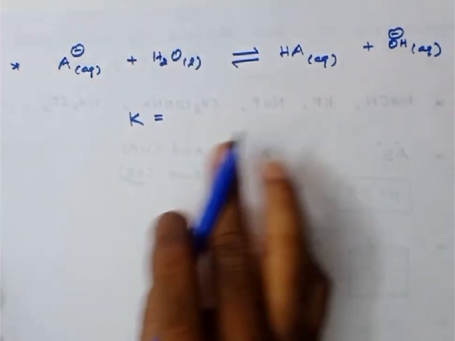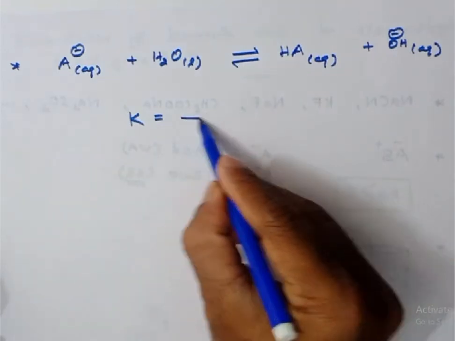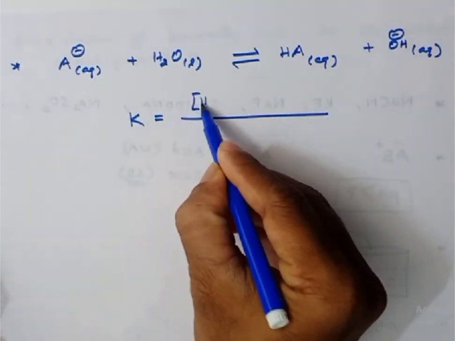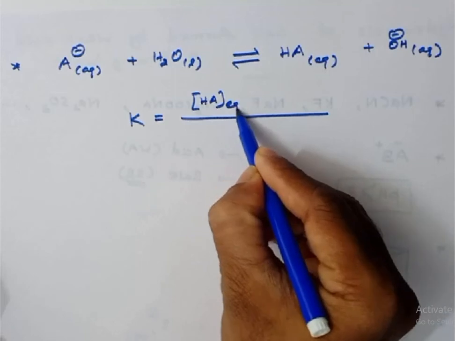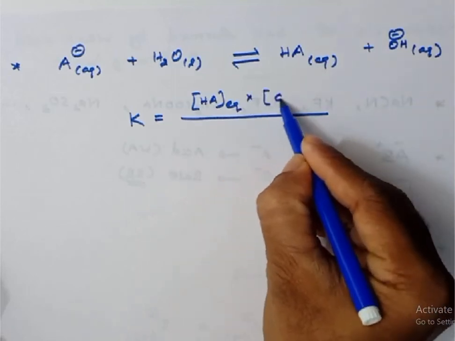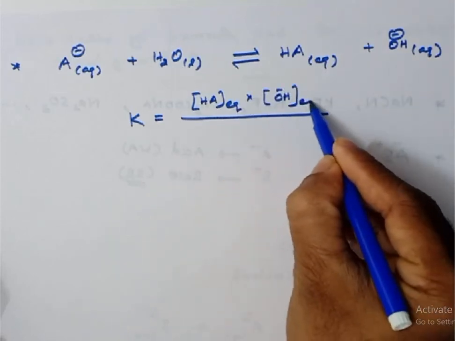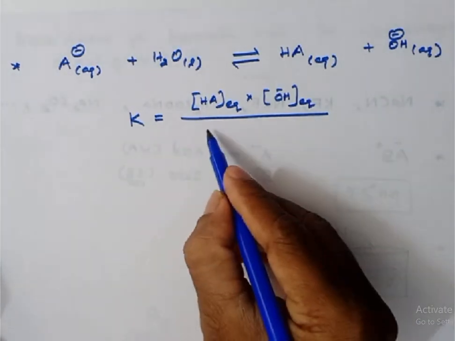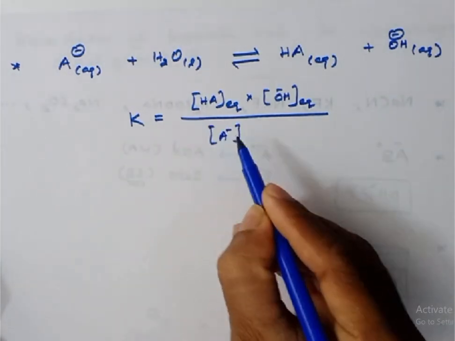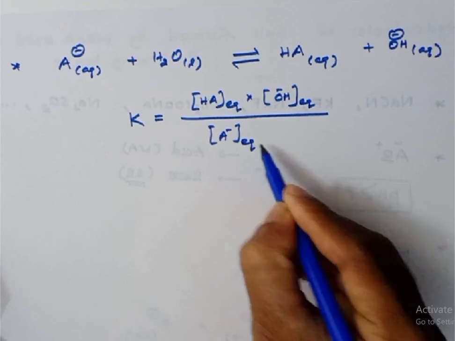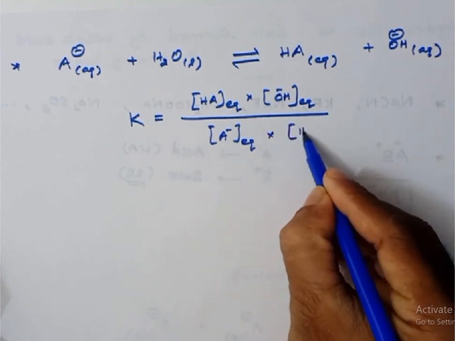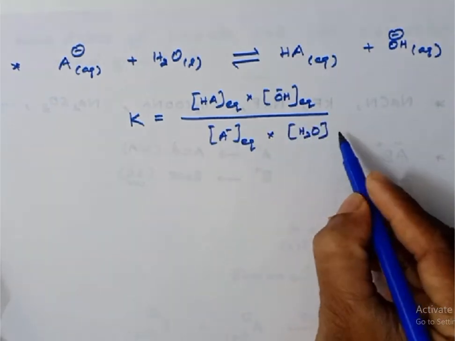Once it attains equilibrium, the equilibrium constant K can be given as the equilibrium concentration of the weak acid times the equilibrium concentration of the hydroxide ion, divided by the equilibrium concentration of the anion times the equilibrium concentration of the water.